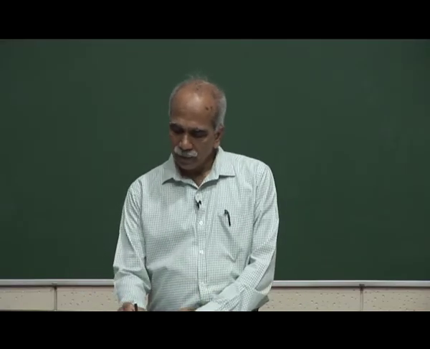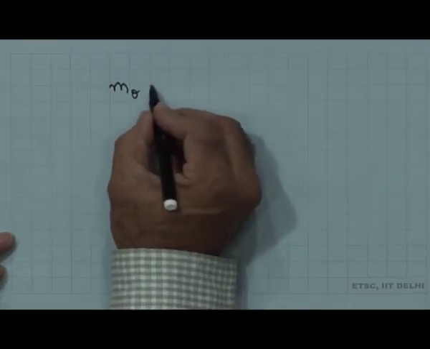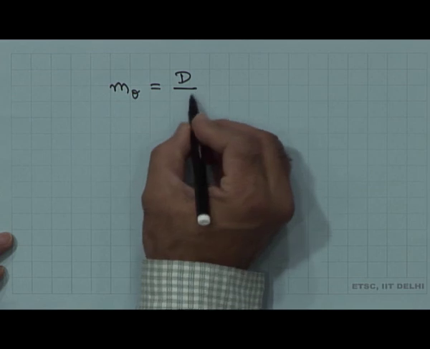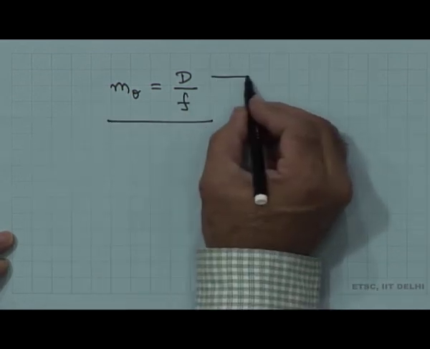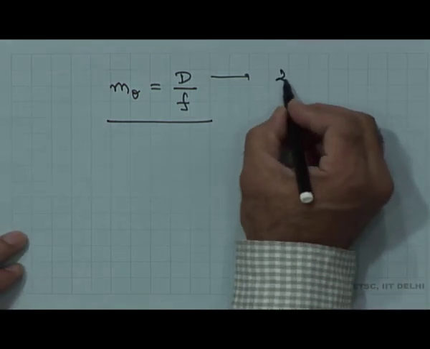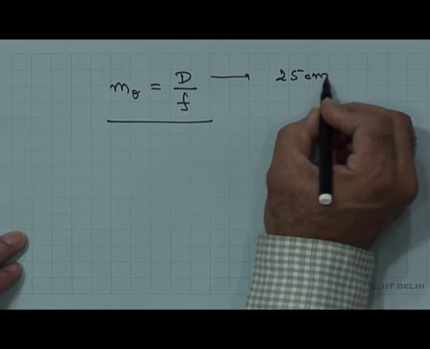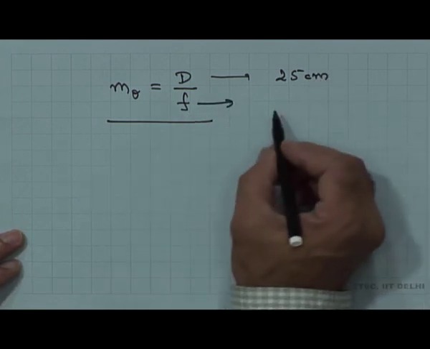So, we have the angular magnification m theta equal to d by f. For normal vision, d is approximately equal to 25 centimeters, and practical lenses have a certain focal length.